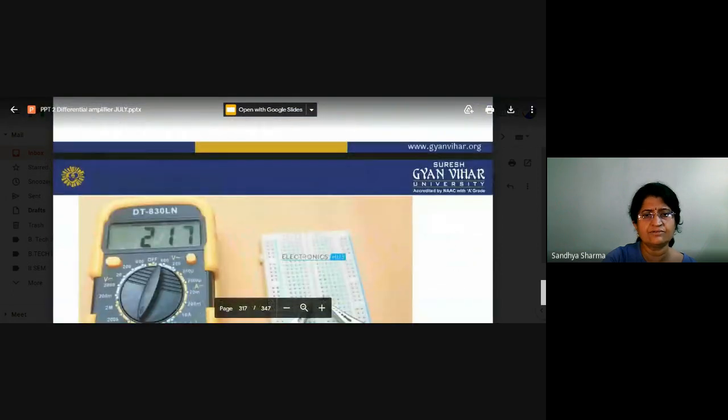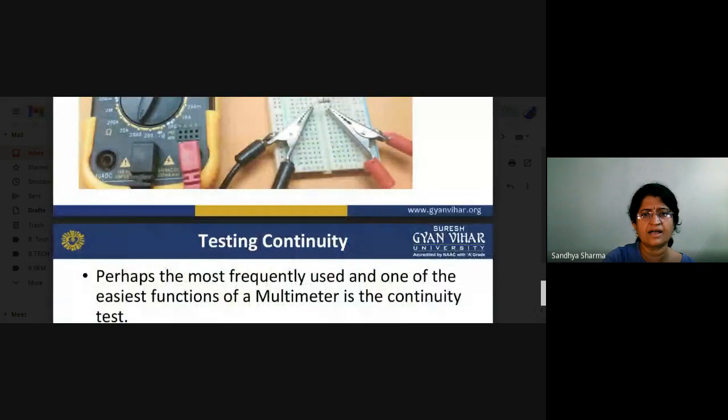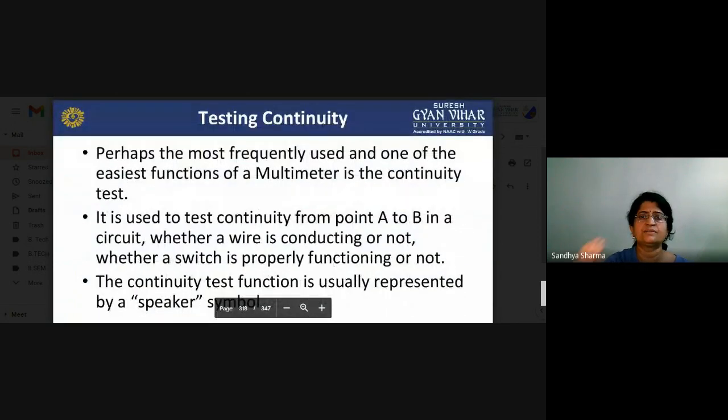Here we will also see an extra feature provided in our digital multimeter, and that is continuity testing. Perhaps the most frequently used and one of the easiest functions of a multimeter is the continuity test.